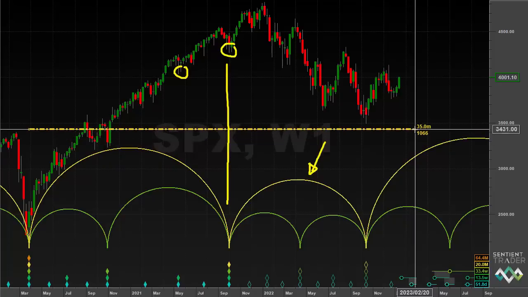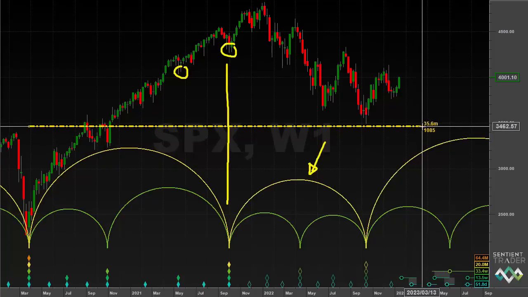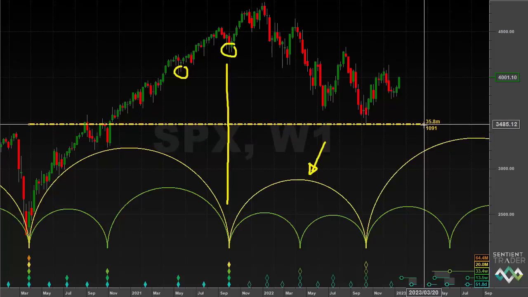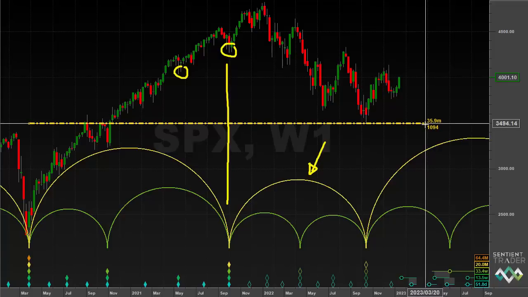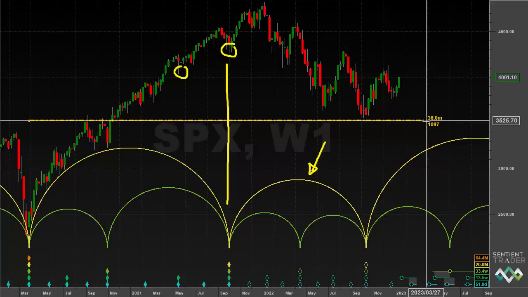If we measure 1,092 days from that trough in March of 2020, you can see that would lead us to expect the second 18-month cycle trough following the trough in March of 2020 towards the end of March this year. There is the 1,096 days over there.